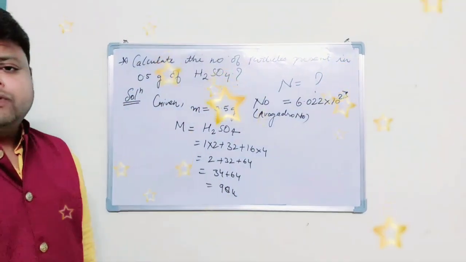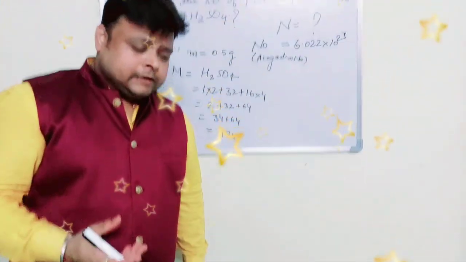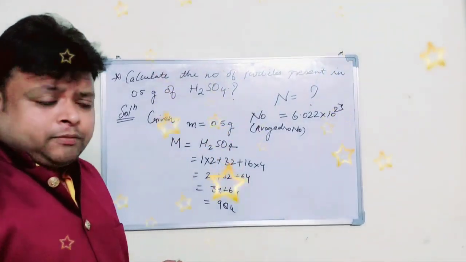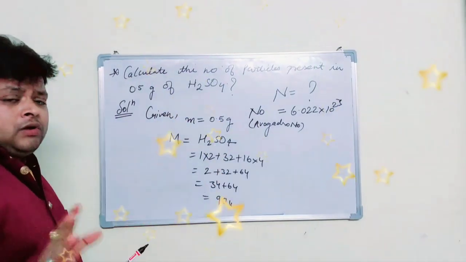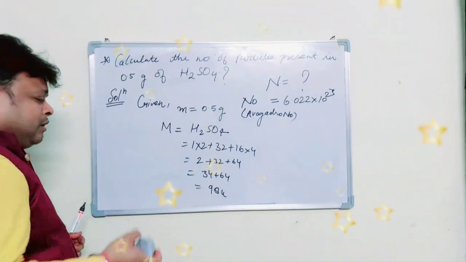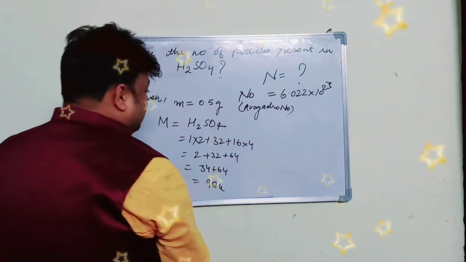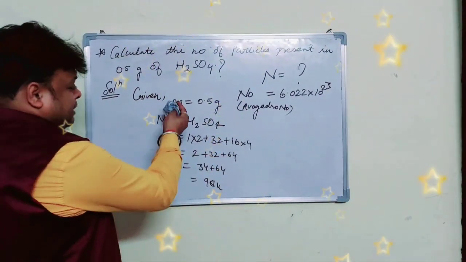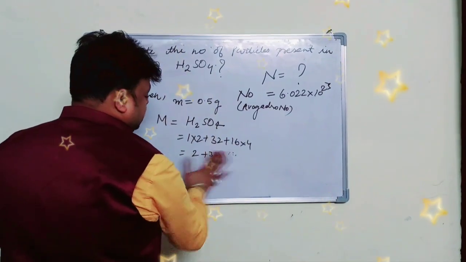This is the value of N0. Okay, so I hope इतना समझ में आ गया आपको. Now I am rubbing it. You can go backward and see whatever is there. So 98 u is our capital M, and small m is given as 0.5.